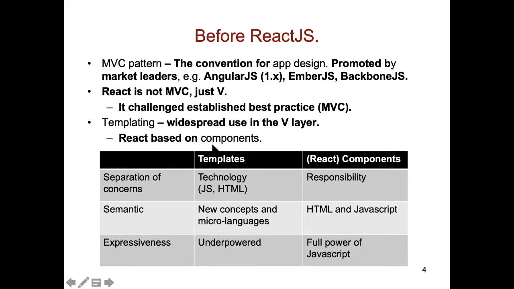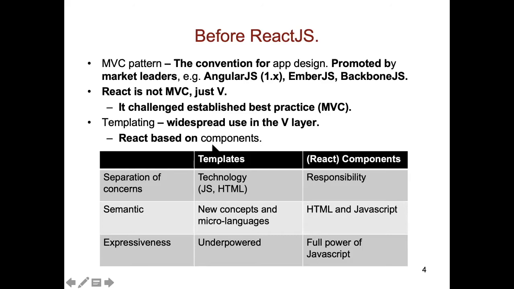The second thing there is, from a semantics point of view, when you were using a templating approach, you had to learn a different kind of templating syntax. And usually it was okay, but it was kind of underpowered. It wasn't as powerful as a language like JavaScript. Whereas with the React component model, you were using JavaScript and HTML only.